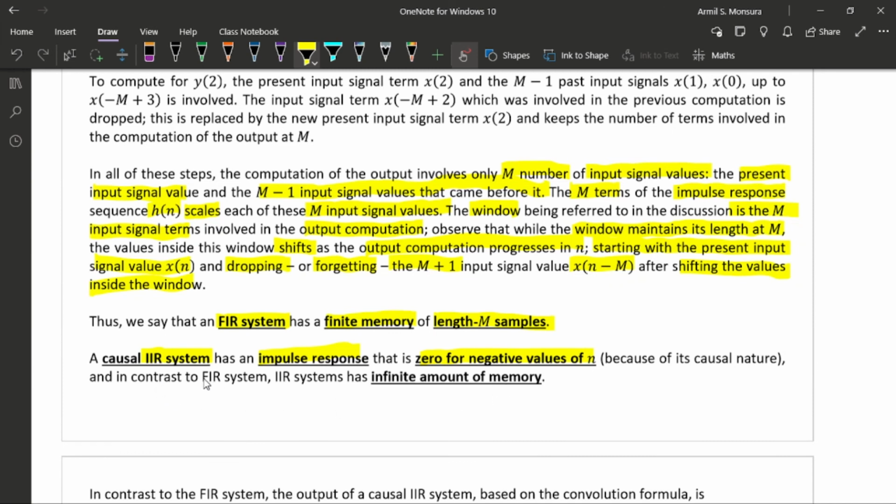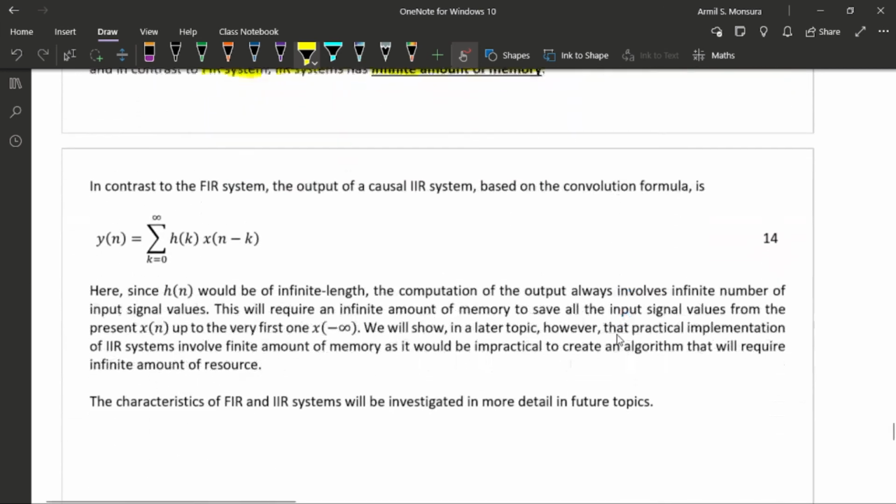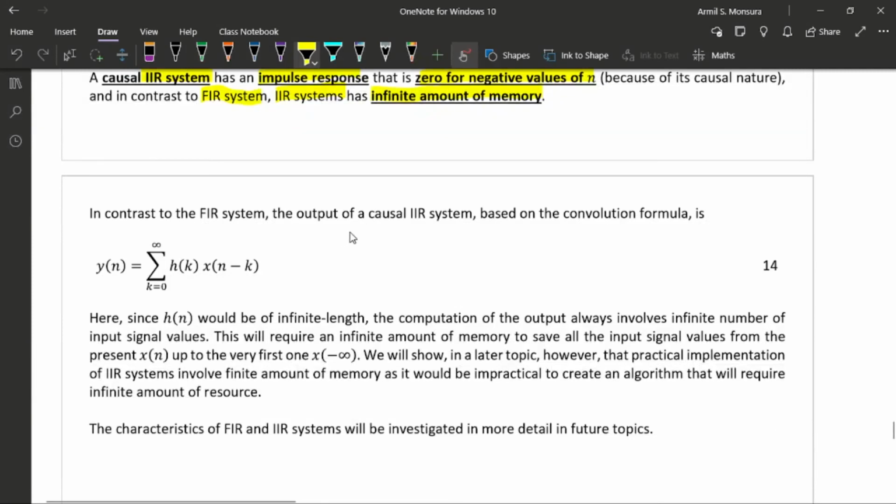In contrast to FIR systems, IIR systems have an infinite amount of memory because the length of the impulse response is infinite. The output of a causal IIR system would be based on the convolution formula whose limits are from 0 to infinity.